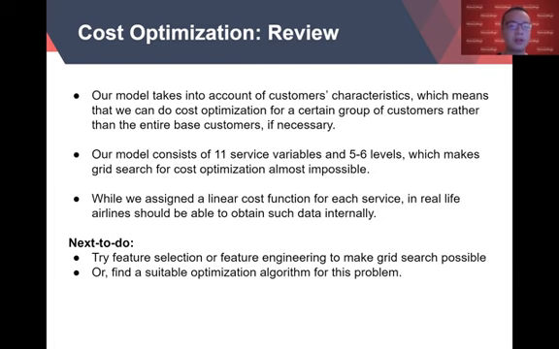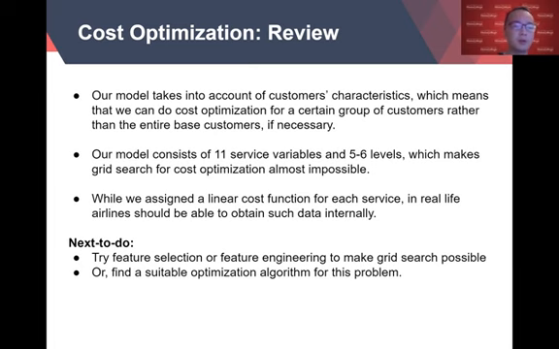Our next part is a review of our project. First, our model takes into account customers' characteristics. Although this means our model has to predict for every individual customer, it also means that we can do cost optimization for a certain group of customers instead of the entire customer base if necessary.